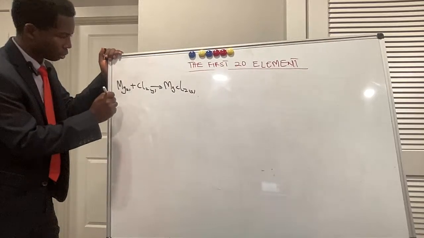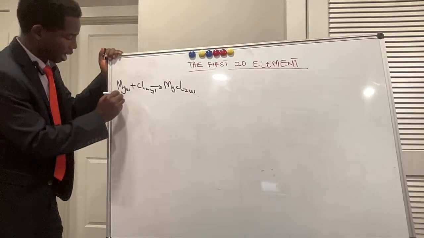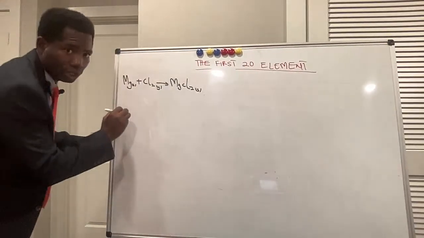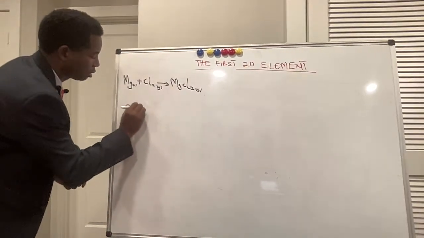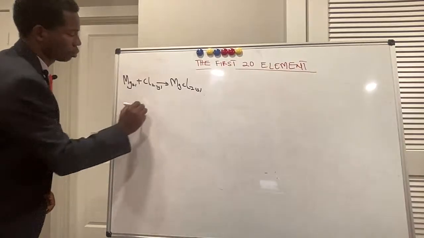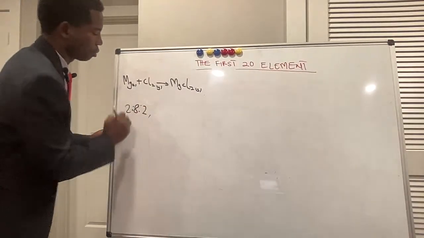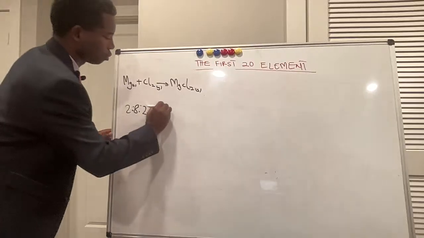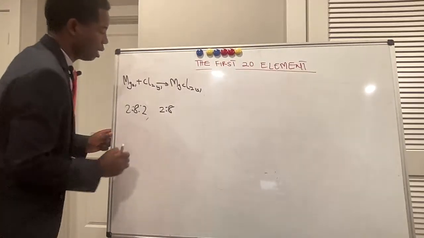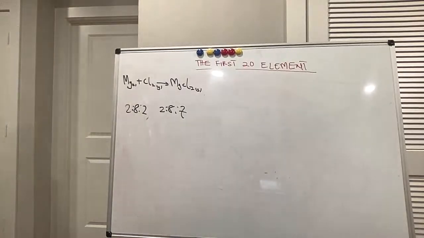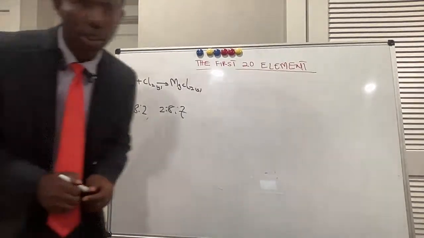Let's proceed. Let's draw the electronic configuration of magnesium, which is 2.8.2. Now chlorine is 2.8.7.